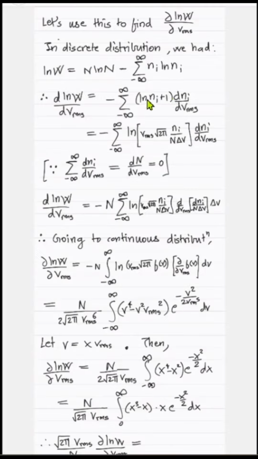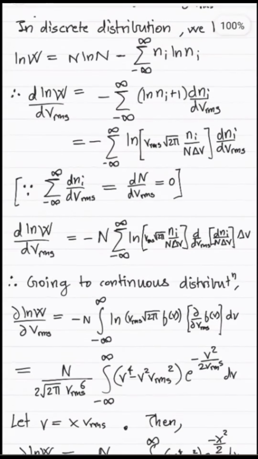So basically this thing, natural log of ni plus 1, I just changed this, right? And of course, like this 1, so when you do this thing, the summation of 1 times dni upon d vrms, well, the summation of dni, that is equal to capital N, and that's not actually changing, right?